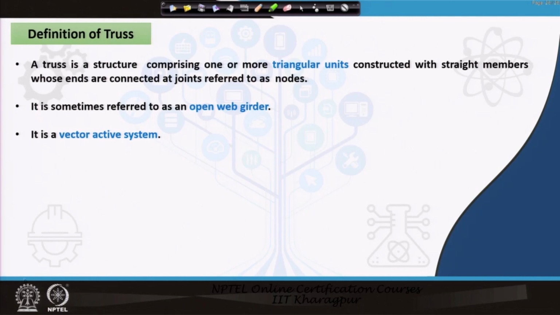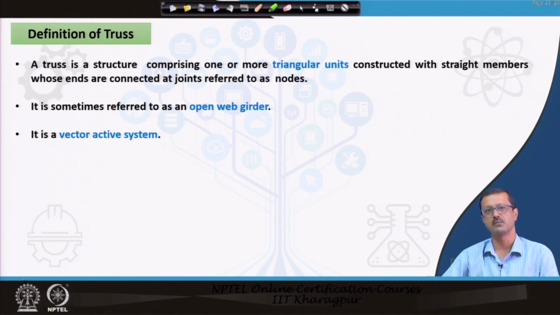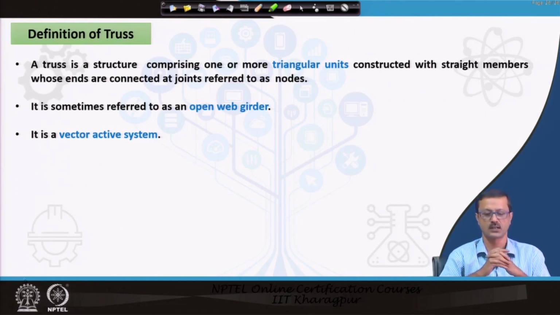We have seen that the truss is used as one of the major structural systems, and this truss is made up of triangular units or triangular components, and mostly those triangular members are straight members and they are joined at typical points, and that creates the node or joint, and from the node the various parts of the triangular unit are straight.